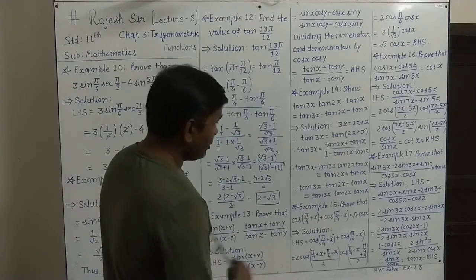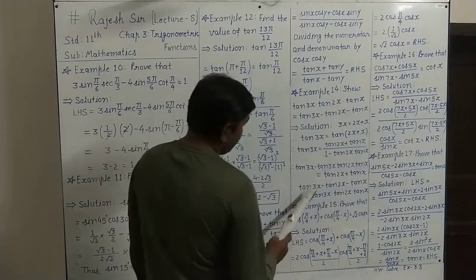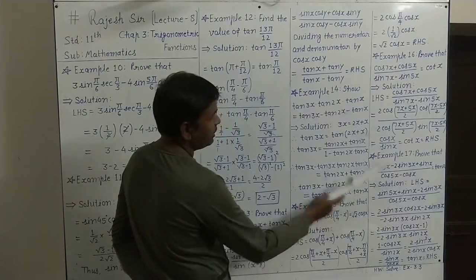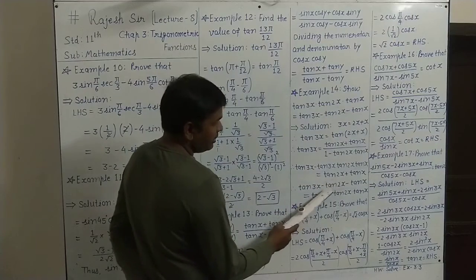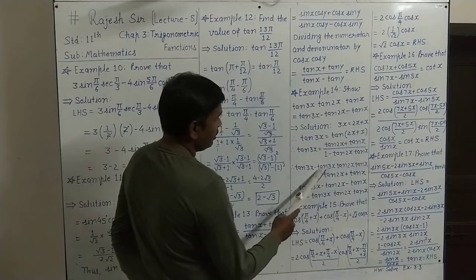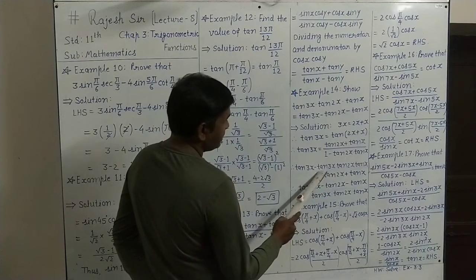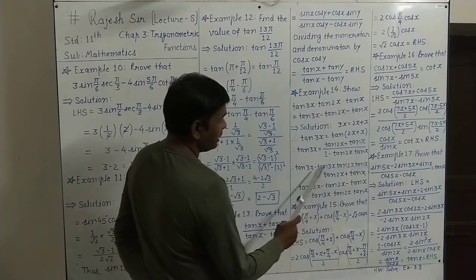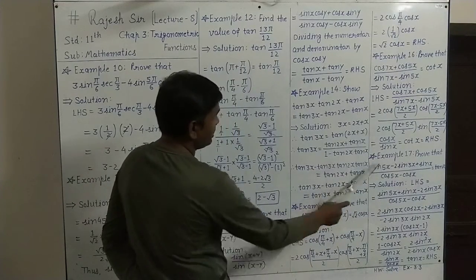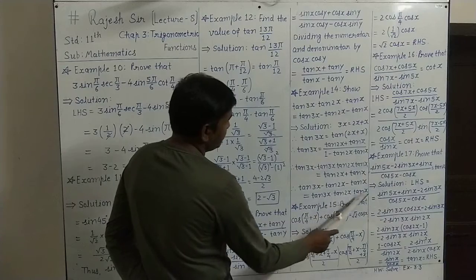Now take all the terms: tan 3x as it is, and tan 2x plus tan x on the right side. If we take them to the left side, the sign will change. It will be minus tan 2x minus tan x. The left-side term we take to the right side will be plus, so equals plus tan 3x into tan 2x into tan x.